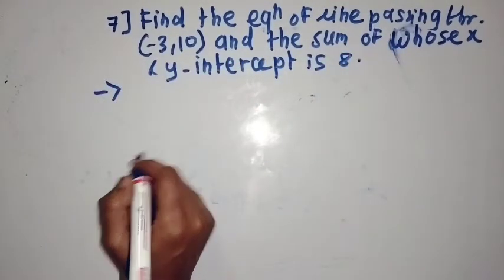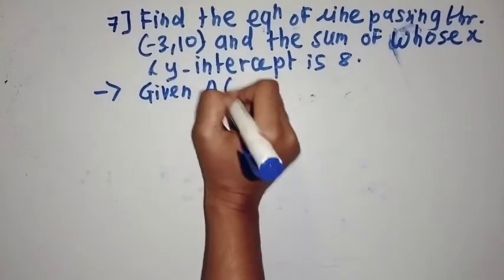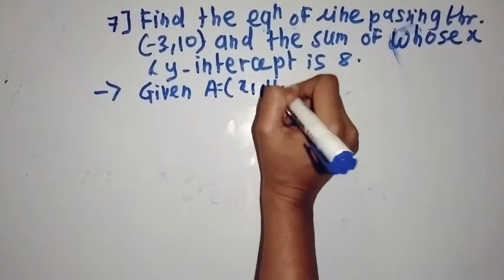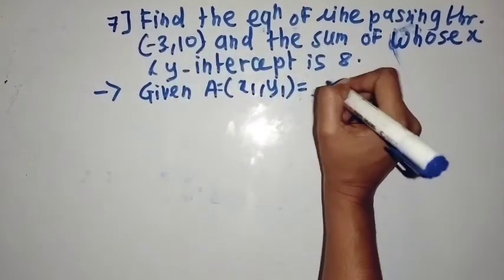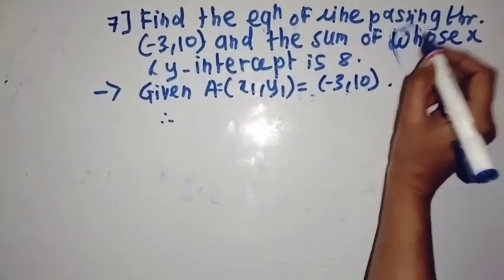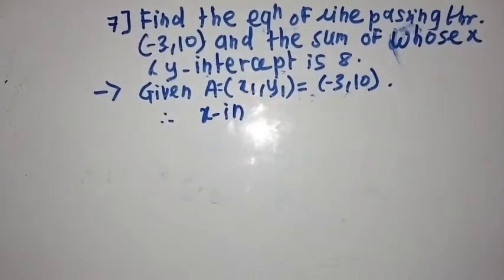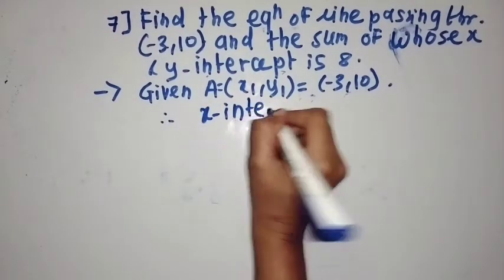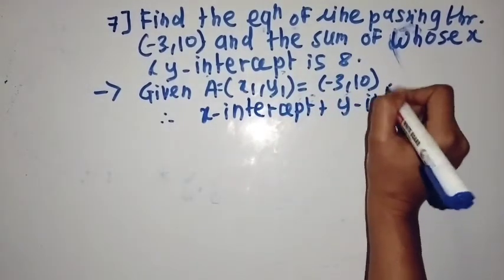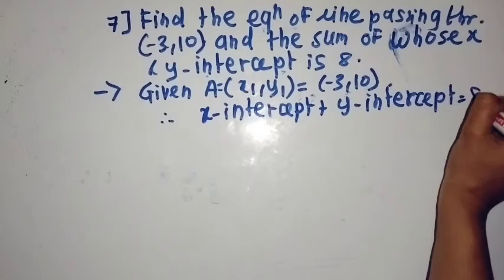So first, the given point A is x1, y1 is equal to minus 3, 10, and here sum of x and y intercepts means x intercept plus y intercept is equal to 8.